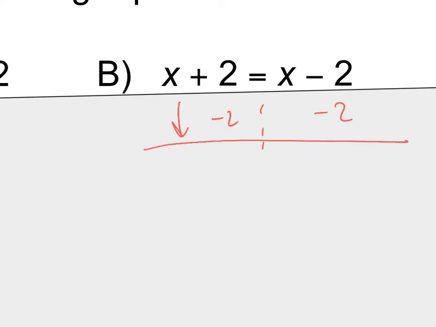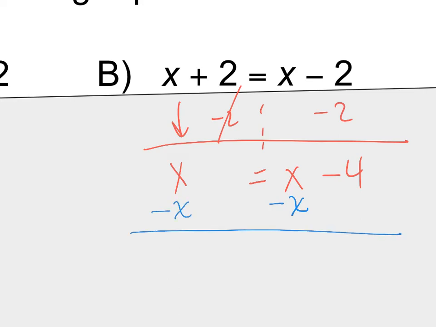That's going to give you x is equal to x minus 4. I minus the x to bring this guy on the right over here, and I get 0 is equal to negative 4, which is not true. What is this called? No solution.